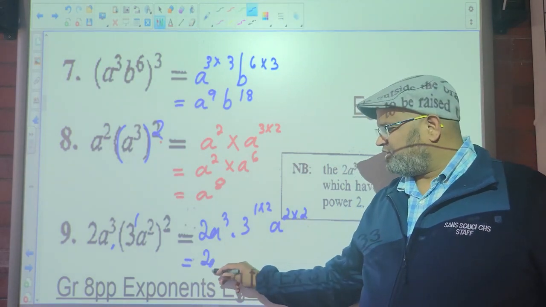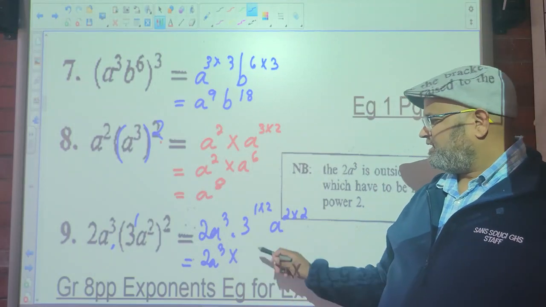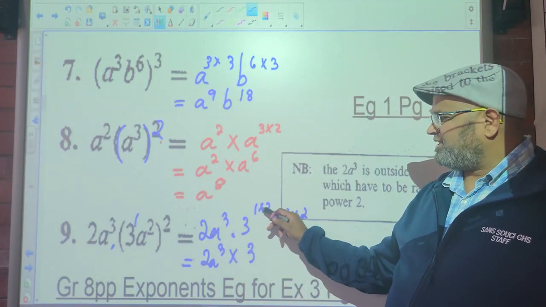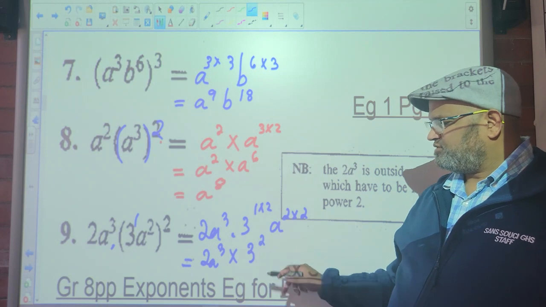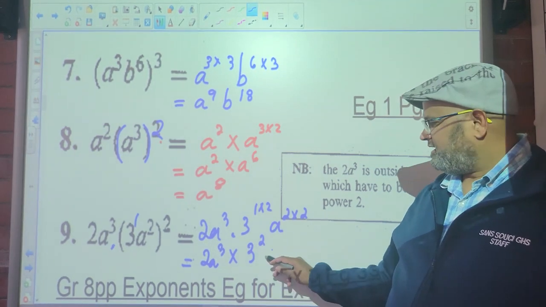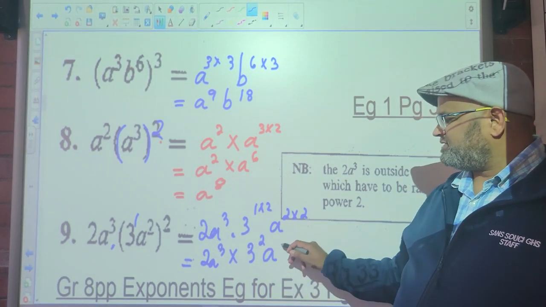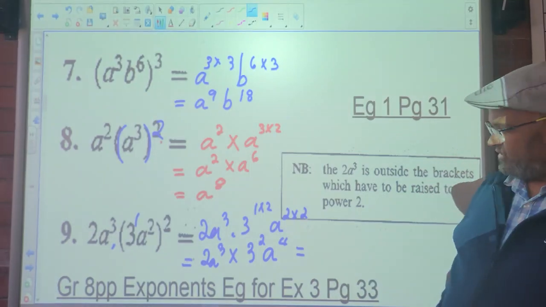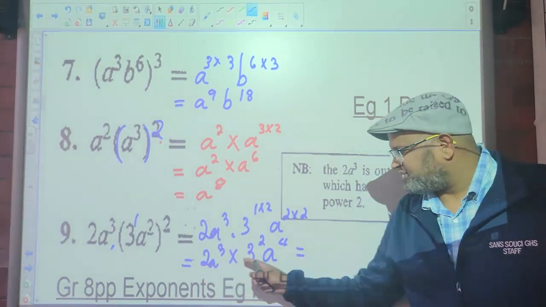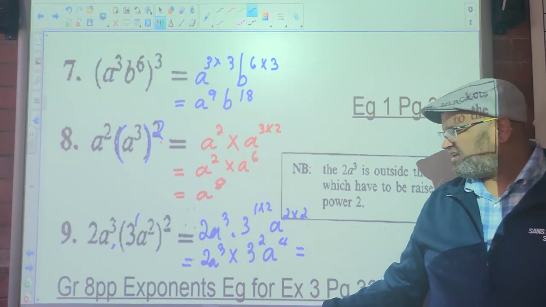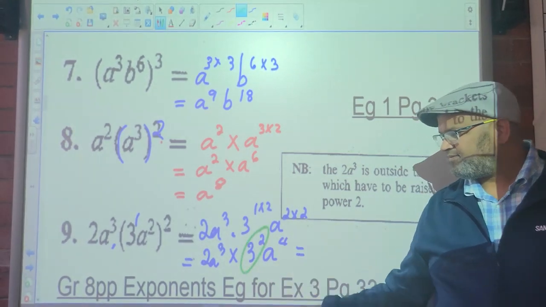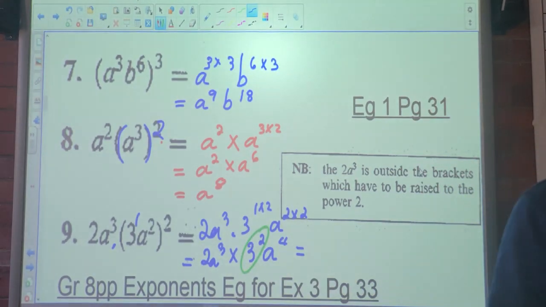So that will be 2a cubed times 3 squared a to the exponent 4. Can I multiply 2 and 3 squared now? No, I must first work that out. You all agree with that?